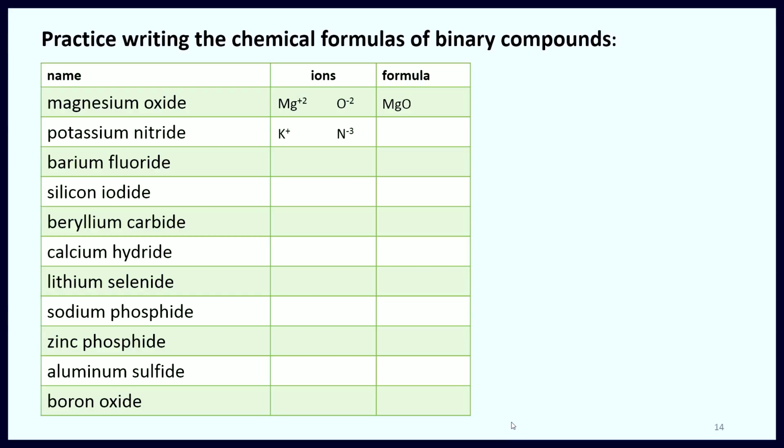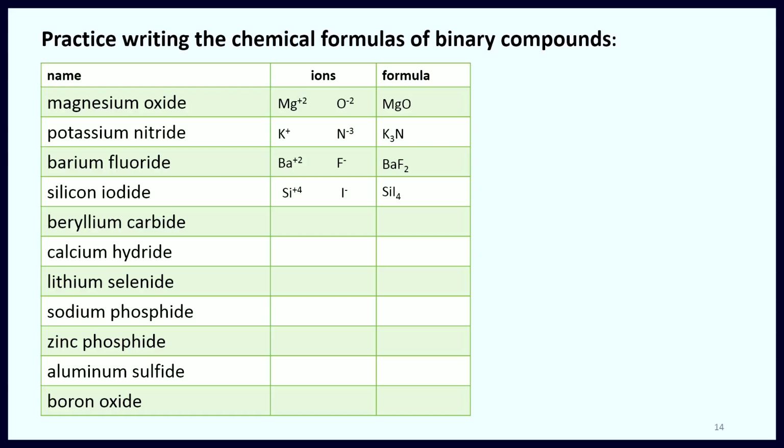Potassium is +1, it's group 1A. Nitride is in group 5A, therefore a -3 anion, K3N. Barium is in group 2A, so it's +2. Fluorine is in group 7A. As an anion, it must be -1, so BaF2. Silicon, group 4A, is +4. And iodide in group 7A as an anion has to be -1, SiI4.